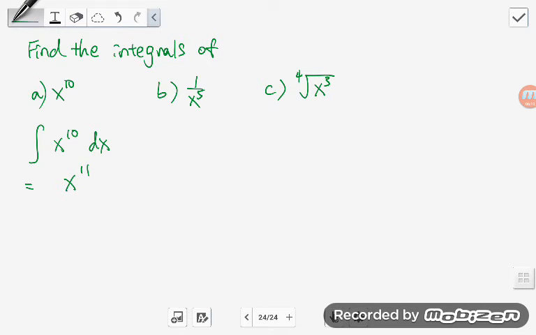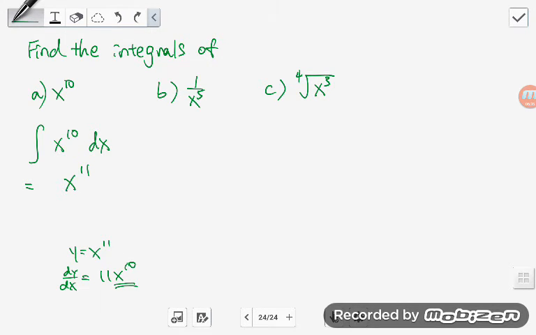Does that make sense? Now, if I differentiate x to the power of 11, I'm going to do this on the side. If I have y is equal to x to the power of 11, and when I differentiate y, I'll get 11x to the power of 10. This x to the power of 10 is good, right? We want that. This is a match.